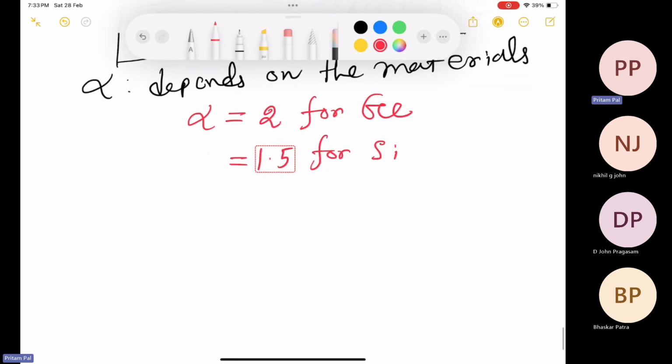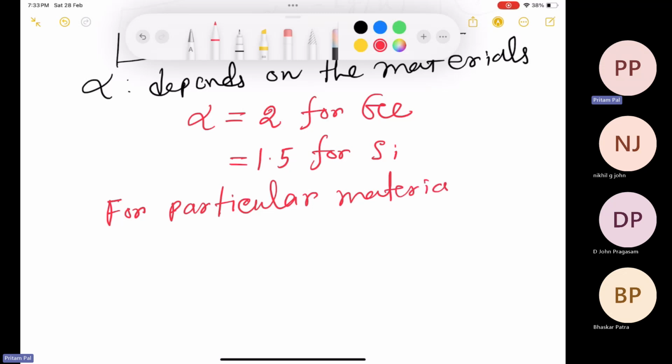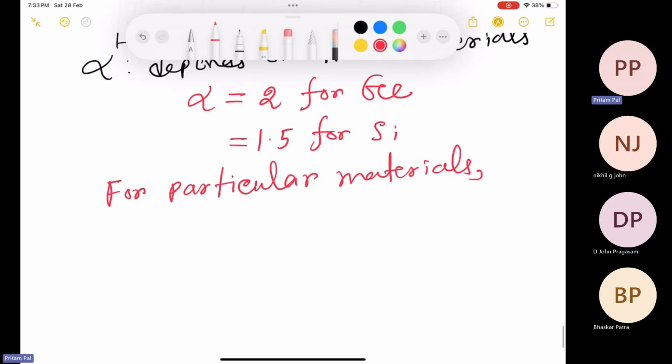Also, for a particular material, alpha is constant. Once we choose either silicon or germanium, this term eventually becomes constant.